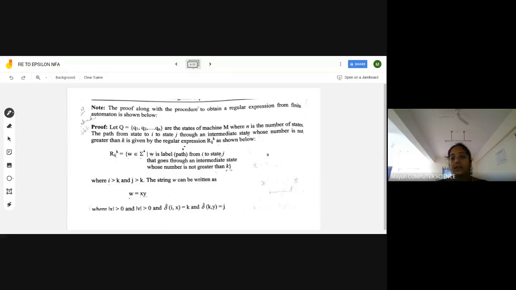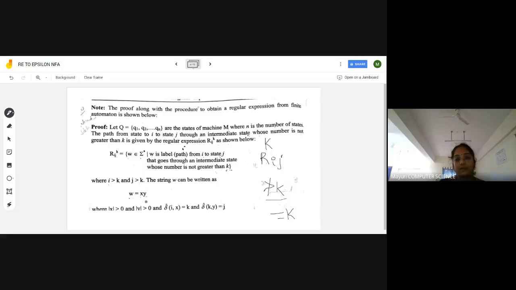So what I'm trying to tell is the regular expression can be represented in such a way through R, where I have been traveling in my DFA from the state I to the state J through K number of intermediate states. That intermediate state should not be greater than K, because K number of intermediate states we have already fixed. That should be equivalent to K. That is what I am trying to say, right?